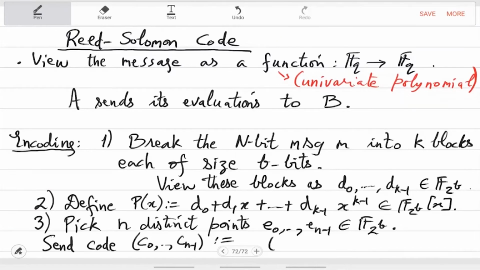Which is P E0, P E n minus 1. So values are also elements in the same finite field, and they are n many. So that's the definition of the code.